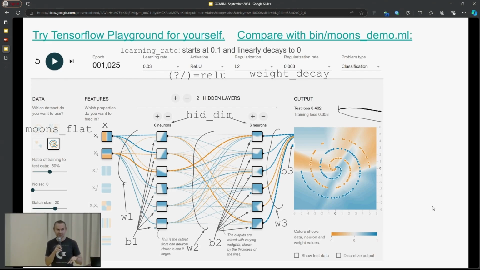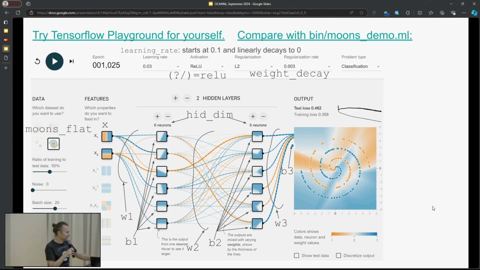If you've ever seen TensorFlow Playground, that's a website over a decade old, I think, by Google, where you can see how training a network looks like. And here I provide some notation that we'll use in following slides.